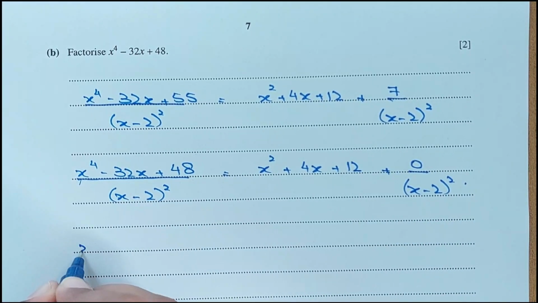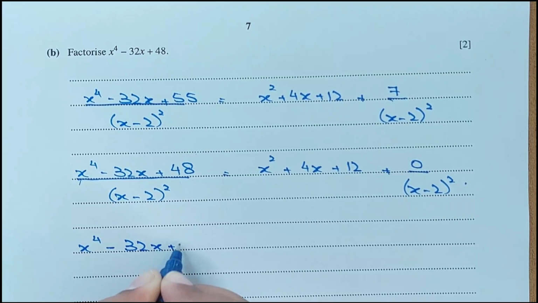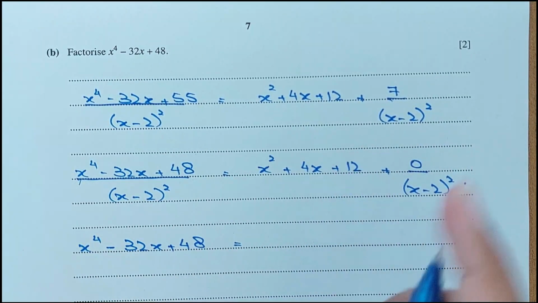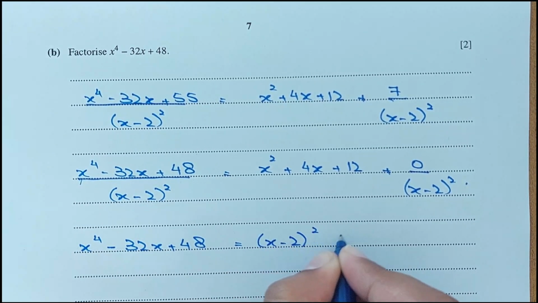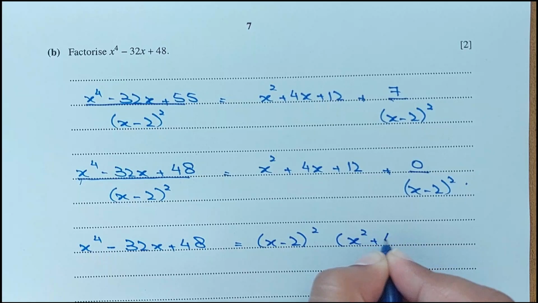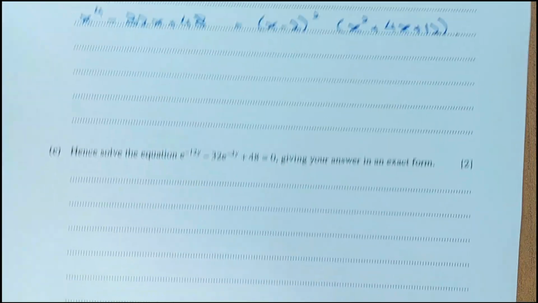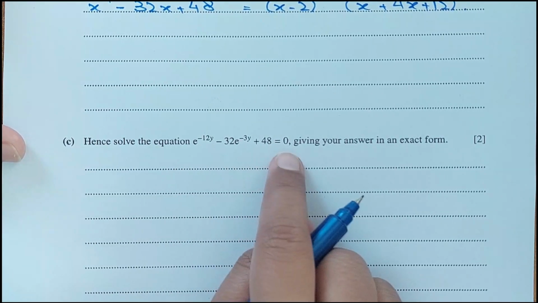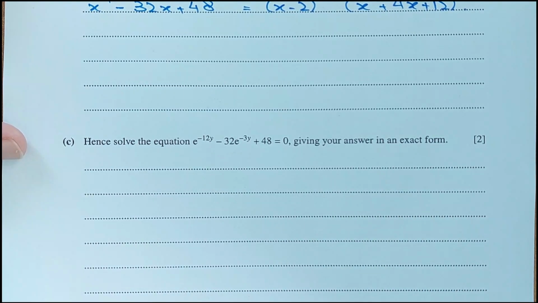So x power 4 minus 32x plus 48, this term is 0, so the factors are x minus 2 whole square into x square plus 4x plus 12, right? Now for part C, hence solve the equation giving your answer in an exact form.